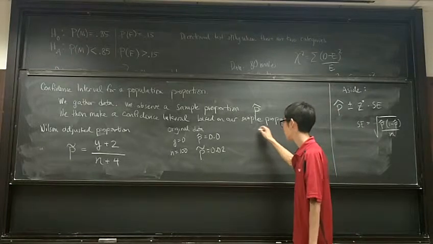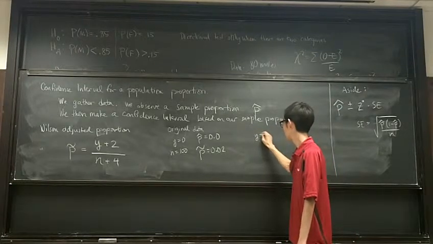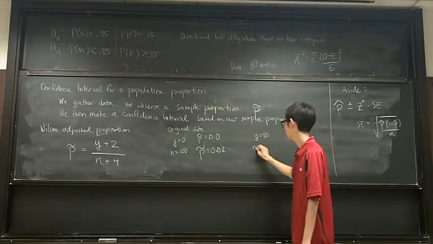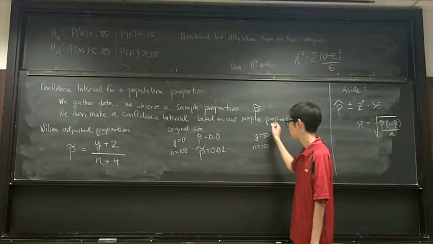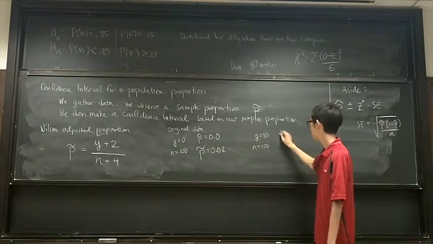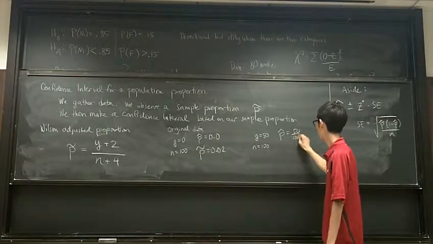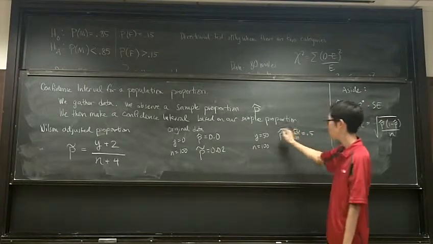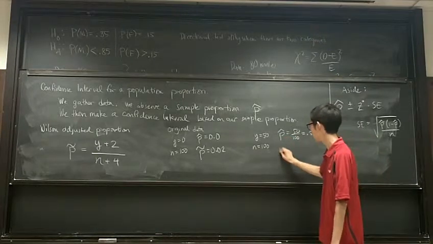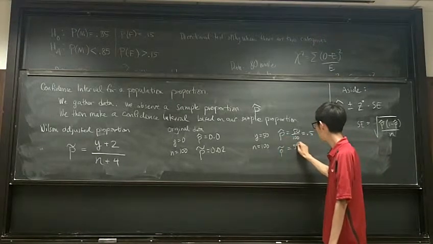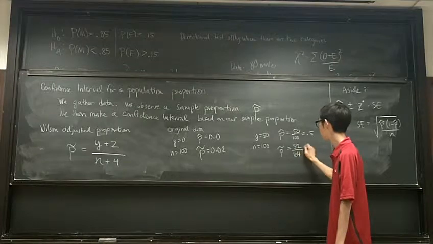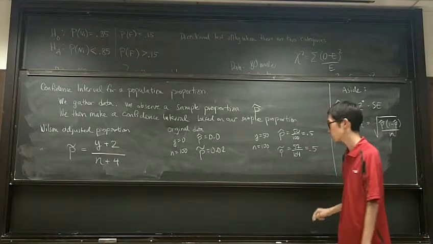If our original data was y equals 50 and n equals 100, so we've got 50%, then p hat would be 50 over 100, but p tilde would be 52 over 104, which is also 0.5.